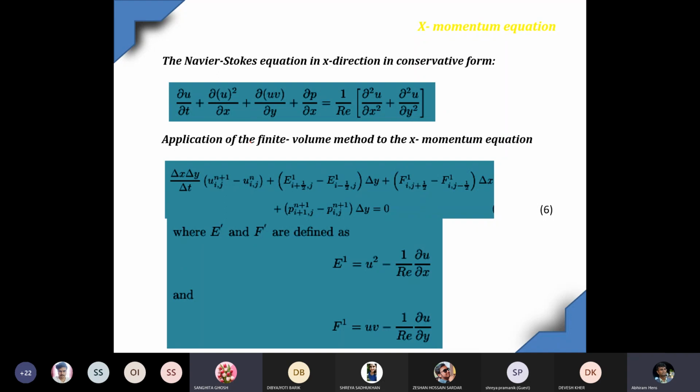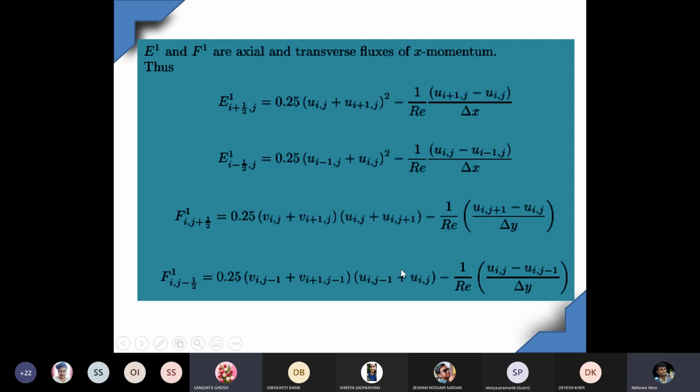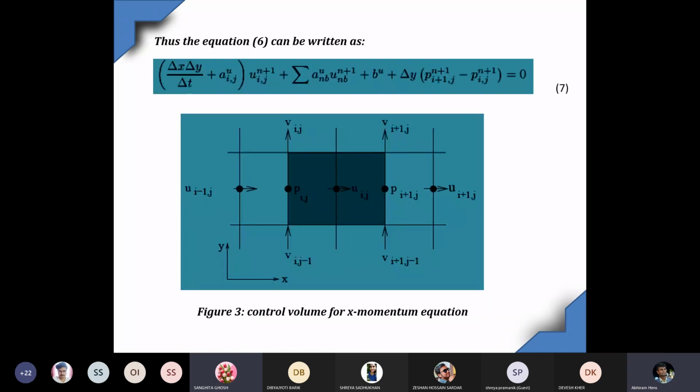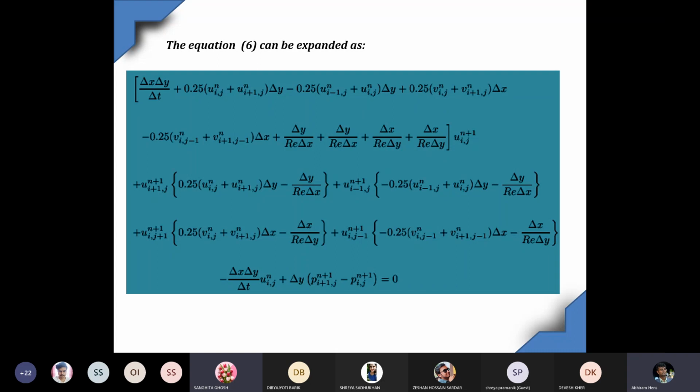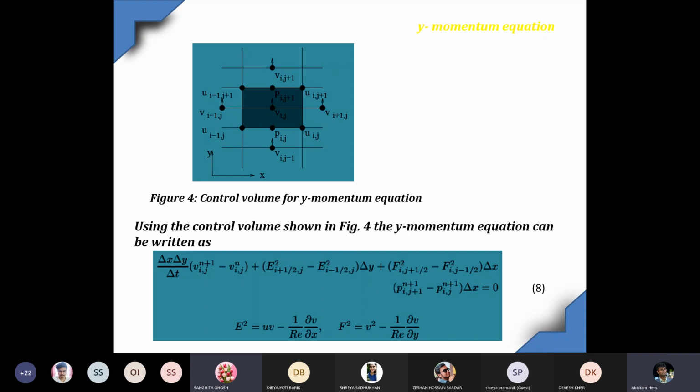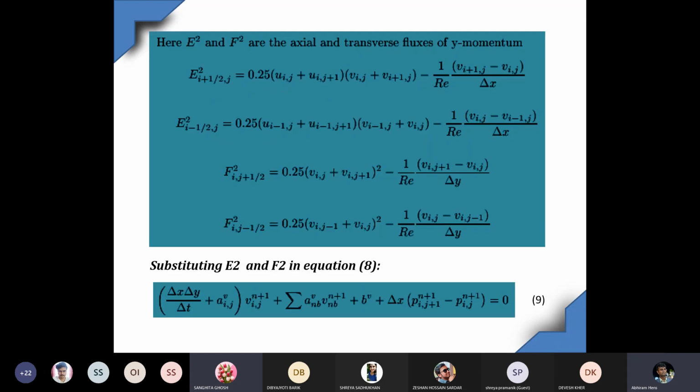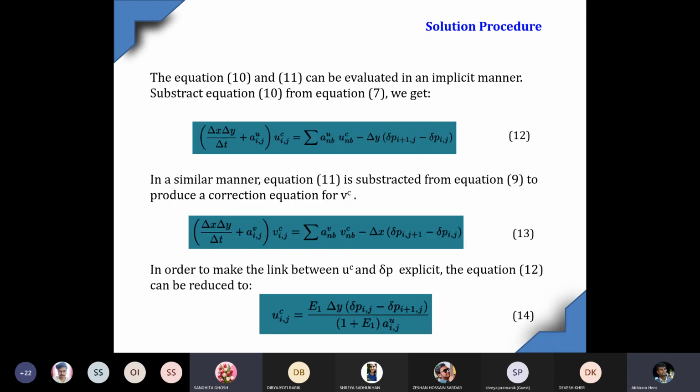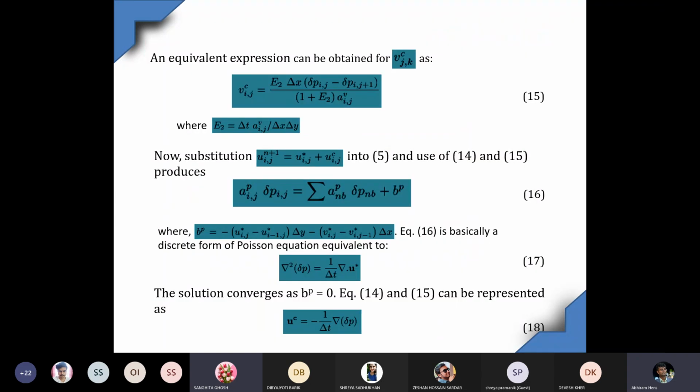Here we are using the non-dimensional form. I am not going through the details because there is no scope to explain these step by step, but you can have a look. These are the discretized forms of the equations. Now you put in the values, then you follow the steps. So this will be the final equation.